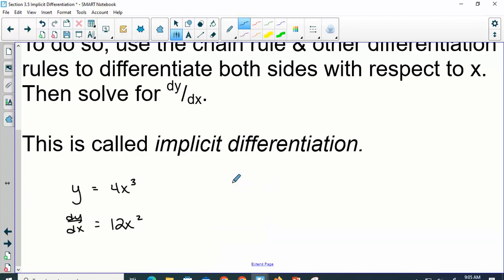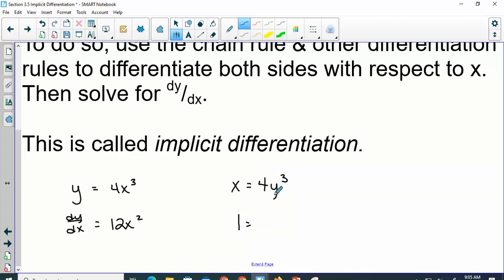So that's what we have been doing. If I gave you x equals 4y cubed, and I wanted the derivative with respect to x, that means when I do a derivative of x, it's like normal. So the derivative of x is just 1.